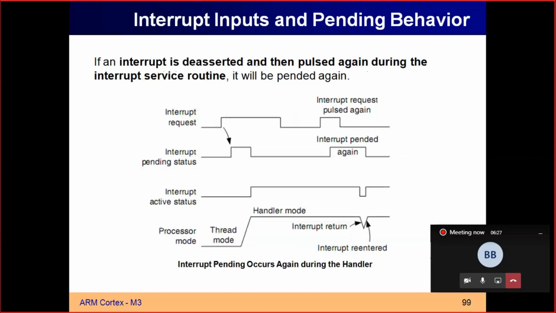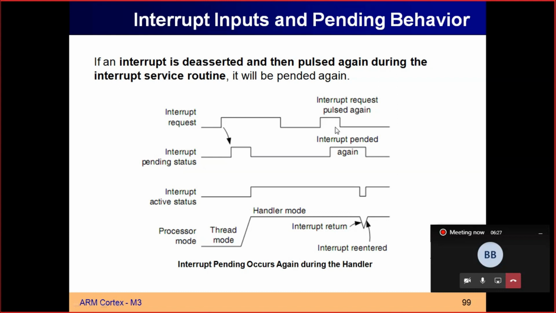Then this is the third condition. Here, what is happening is that the interrupt is deasserted and then pulsed again during the ISR. Say, for example, the interrupt request has been made high, the pending status bit was high, the ISR has started, and the active status bit also is high. But before completing the ISR, the same interrupt is pulsed again. The ISR is not over, and it is pulsed again before the ISR is completed.